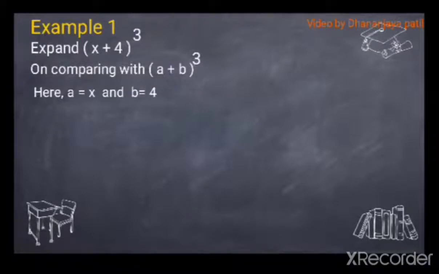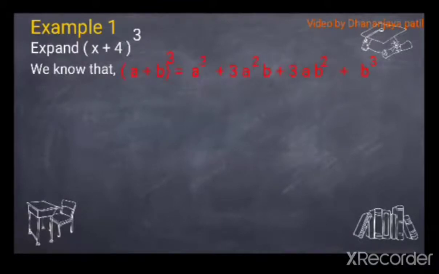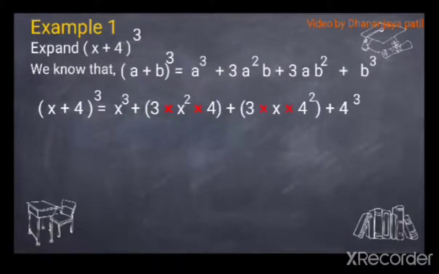So here a is equal to x and b is equal to 4. Now we know the expansion of (a plus b) cube, so substitute all the values in this expansion. After substitution we will get this step.